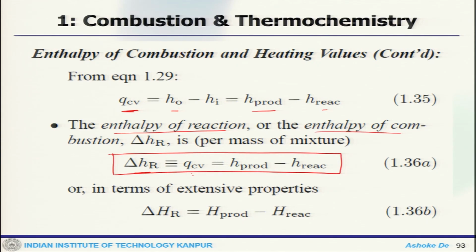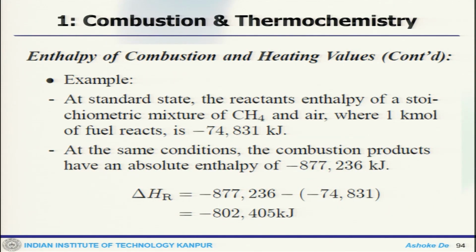Now, in terms of extensive properties, if it is not per unit mass, delta HR is the difference of your product absolute enthalpy and the reactant enthalpy. We can take an example and see what happens. Let us say at standard state the reactants are a stoichiometric mixture of methane and air, where 1 kilomole of fuel reacts is this.